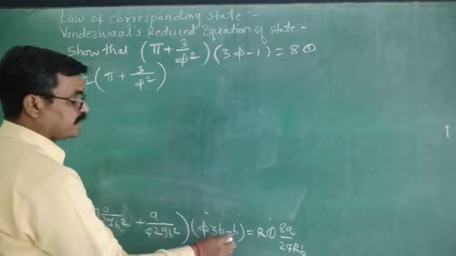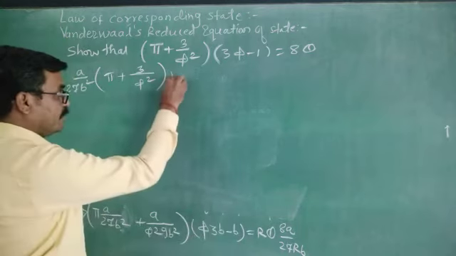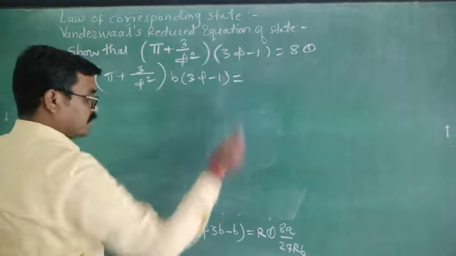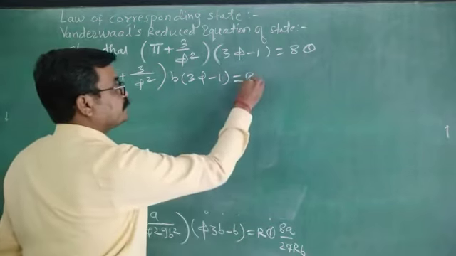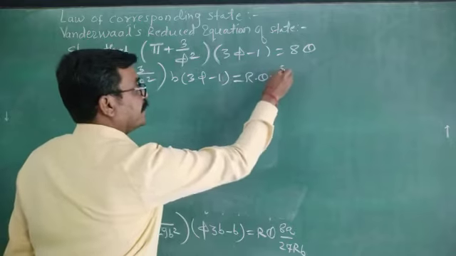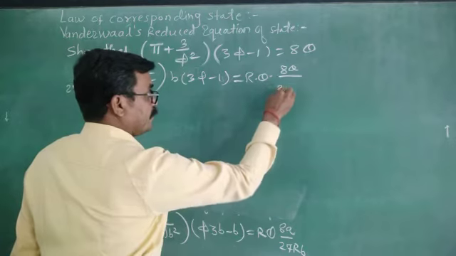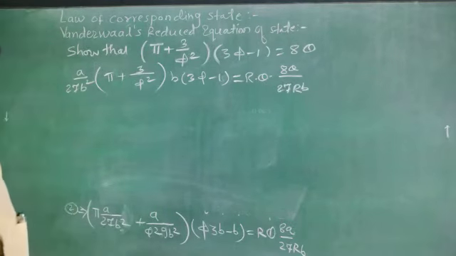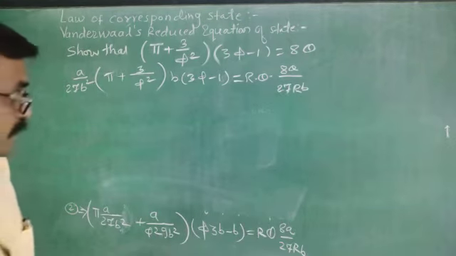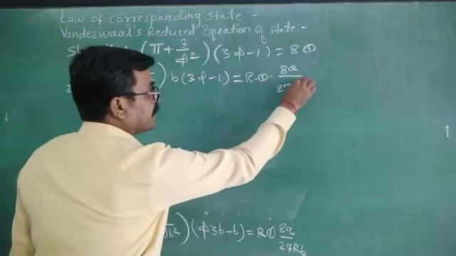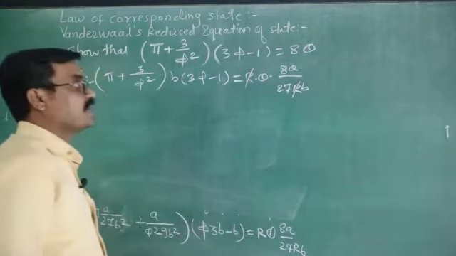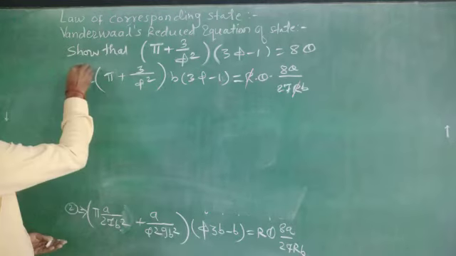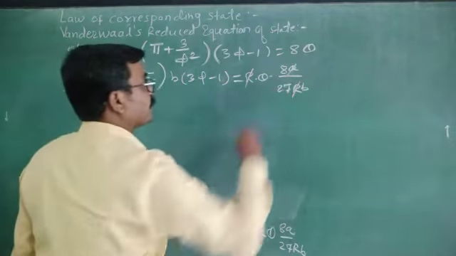Now from the second bracket, small b is common: B into (3 phi minus 1) is equal to R theta into 8A upon 27 RB. Now on the RHS, the capital R gas constant cancels with this R. Then this A cancels with this A.